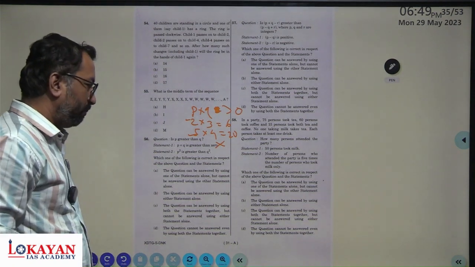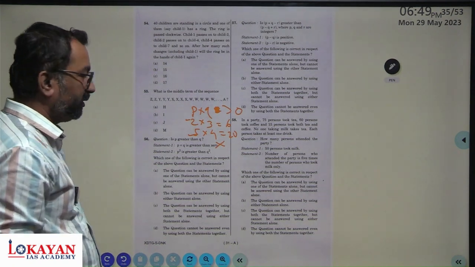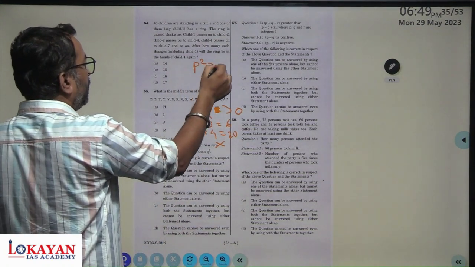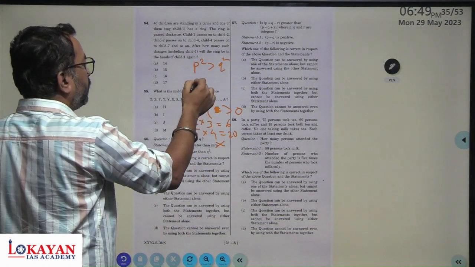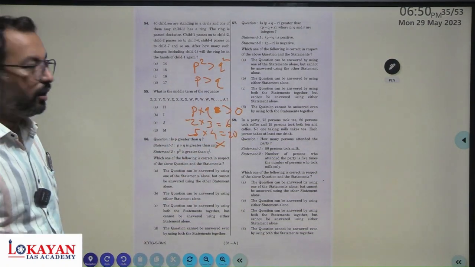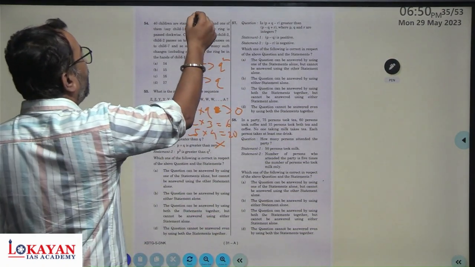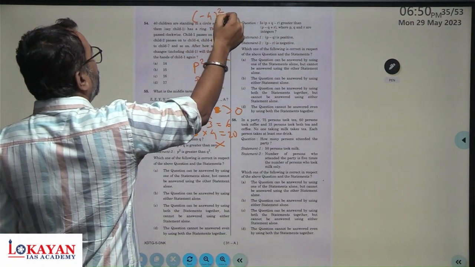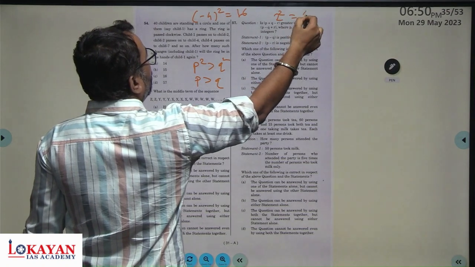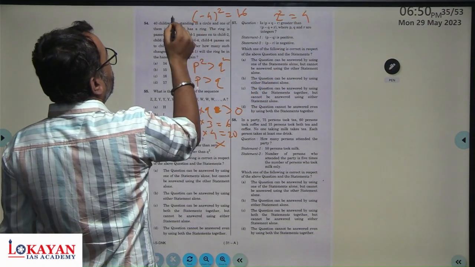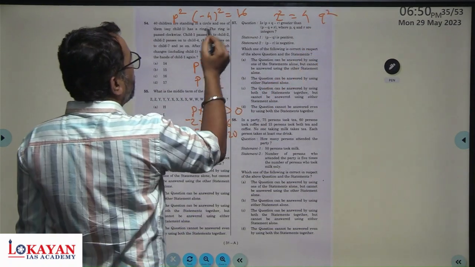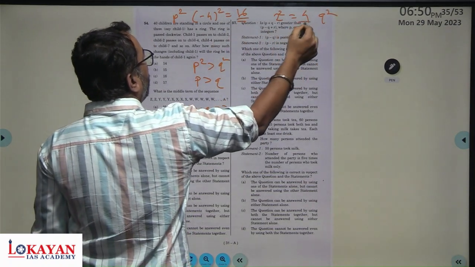Statement 2 says P square is greater than Q square. This might confuse you that if P square is greater than Q square, then taking the square root, it becomes P greater than Q, right? But square of negative value is also positive. Suppose this is P square and this is Q square. So P square became 16, Q square became 4.